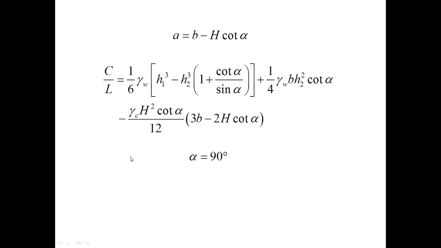In effect, what this means is that this term, and this term disappear, and as a result we obtain that the reaction moment is only due to the pressure difference, and it's very easy to look at the problem for a rectangular shape and show that this is indeed a correct expression.